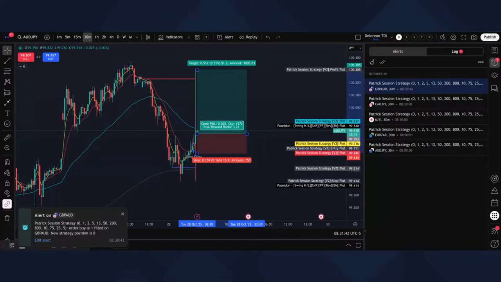Stop loss is at 99.634. That's going to be 416 pips. Take profit is going to be at 100.305. That's 451 pips.